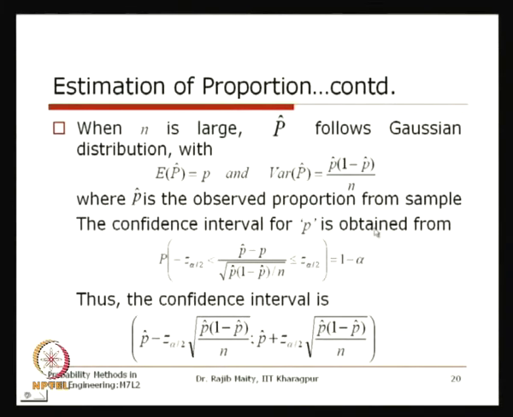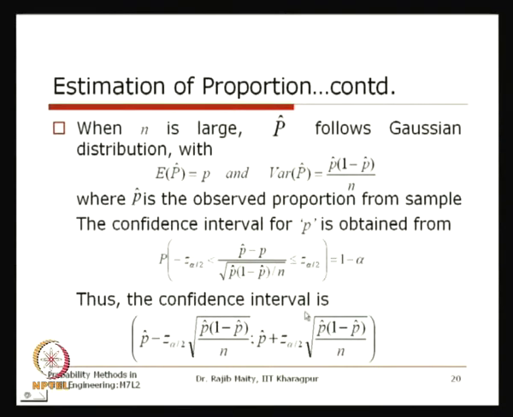For the confidence interval of p, once we know it has a normal distribution, then p cap minus the mean divided by its standard deviation, which is the square root of p cap into 1 minus p cap divided by n, should lie within the confidence limits of minus z alpha by 2 up to z alpha by 2 with confidence level 1 minus alpha. We discussed this in the last lecture also; it is taken from the standard normal distribution, and we look for that particular quantile value at the cumulative probability level 1 minus alpha by 2.